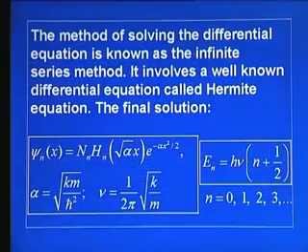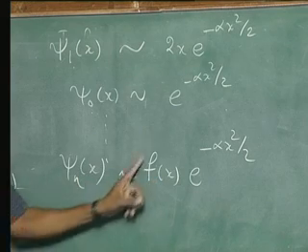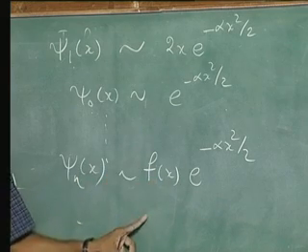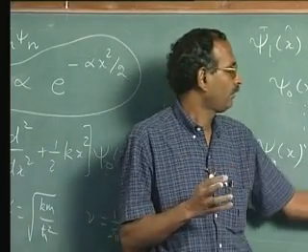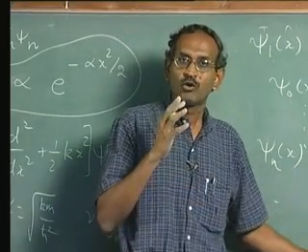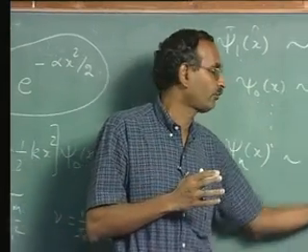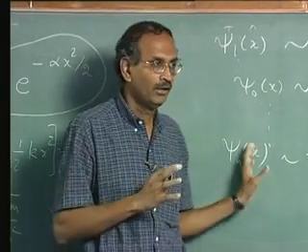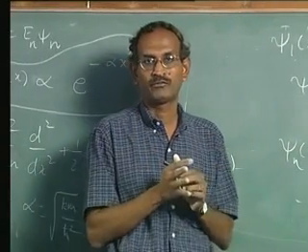Therefore, this function goes to 0 very quickly for large values of x. No matter what the value of the polynomial is, this always goes to 0, and this exponential goes to 0 much more quickly than any polynomial grows for sufficiently large values of x. Therefore, this function dies down extremely quickly for large values of x.